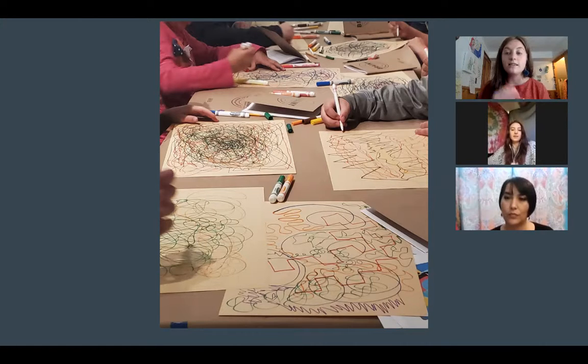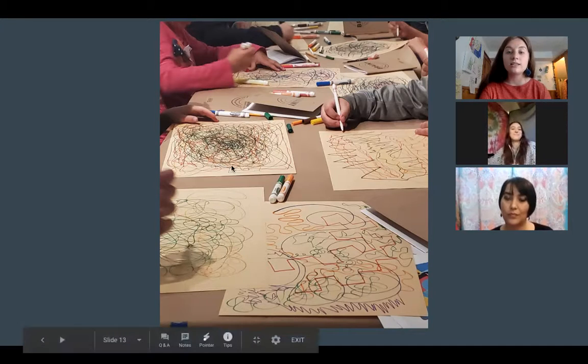When the song changes, you're going to stop where you're at, change your color, and start at that same point where you stopped. And when you're done, you have created a single line drawing. So we're going to stop sharing the slide, and us three teachers are going to listen to music and create our pieces.